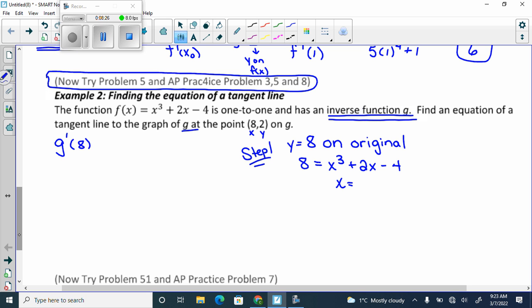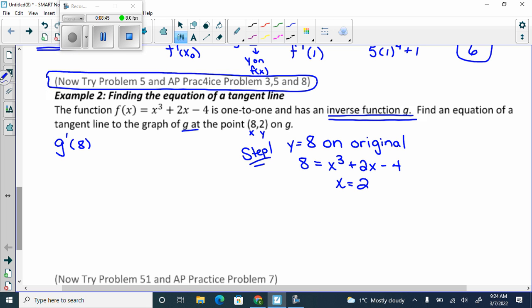Because we said, we swap our coordinates, correct? I'm doing step 1 to prove a point, and you're completely correct.